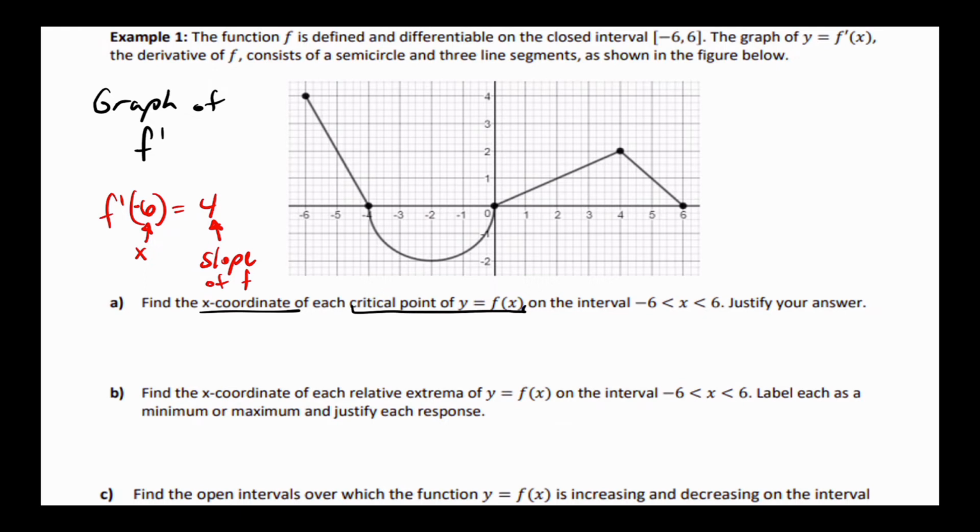So -4 for sure, right? We talked about that one, right? -4 has a slope of 0. How do we know -4 has a slope of 0? Because it's on the x-axis, right? Where else on the x-axis? 0 and 6.